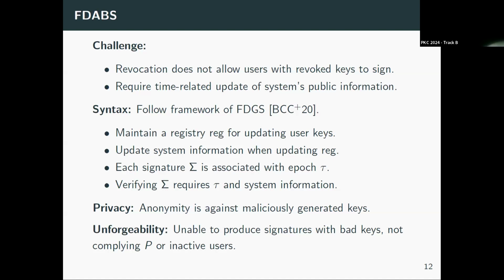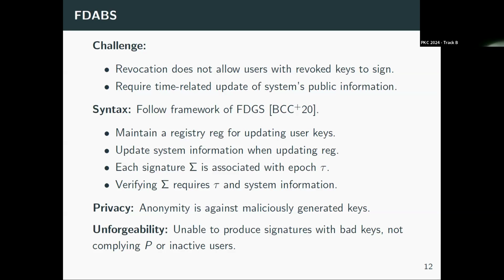Regarding the syntax of fully dynamic attribute-based signatures, we decided to follow the previous work on fully dynamic group signatures, and in this syntax we have a registry to record joining and leaving the system. Whenever we update the system by joining new members or revoking previous members, we update the system information, and then we also associate every signature with an epoch tau.